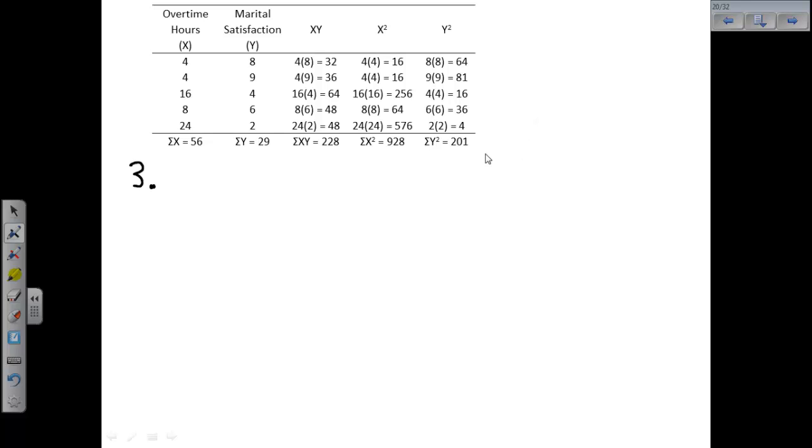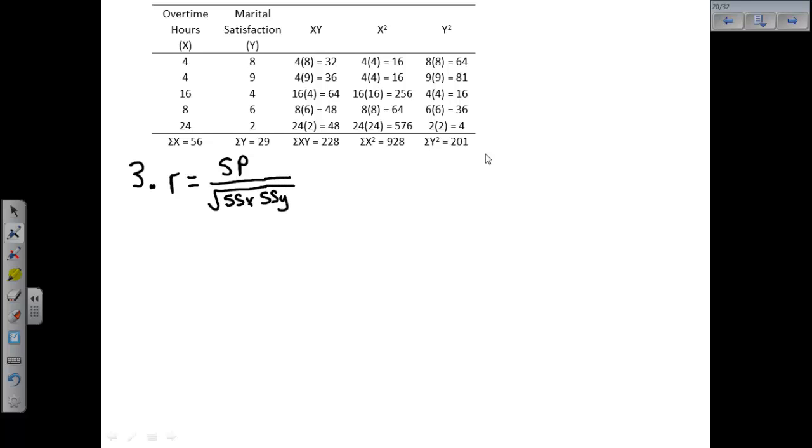Okay, so let's first off write down the final formula that we're going to need. And the formula for r, again, is sum of products divided by the square root of the sum of squares for variable x times the sum of squares for variable y.